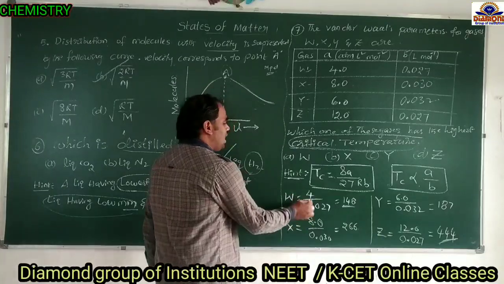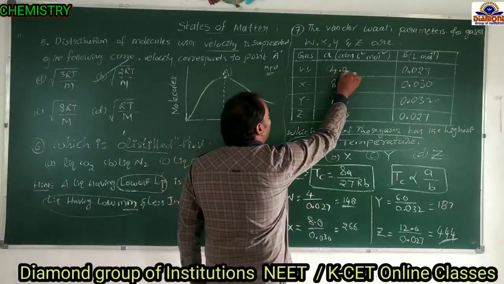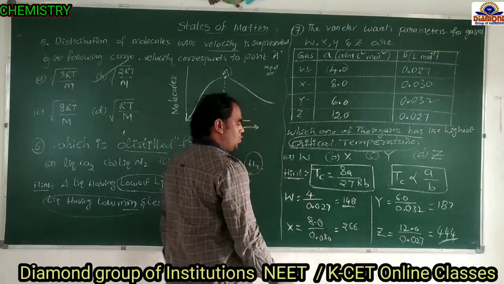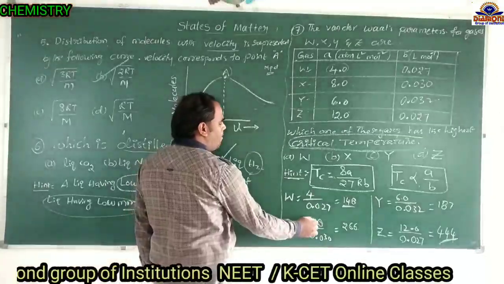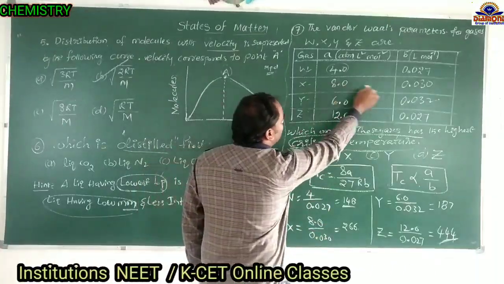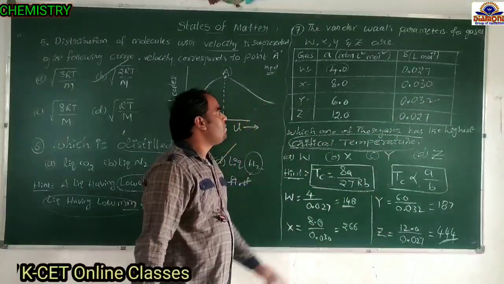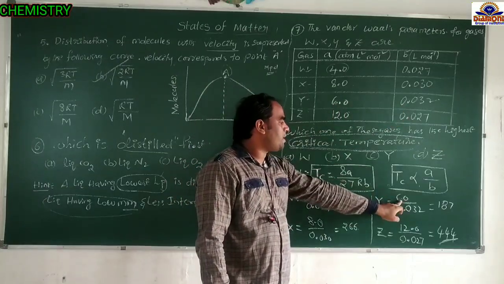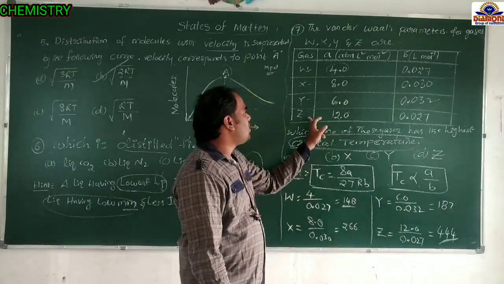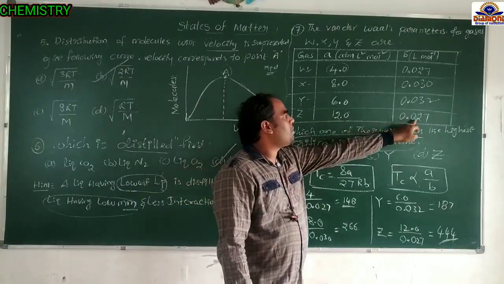For W gas, A by B: A value 4.0, B value 0.027. X is 8.0 by 0.030. Y is 6.0 by 0.032, and for Z it is 12.0 by 0.027.